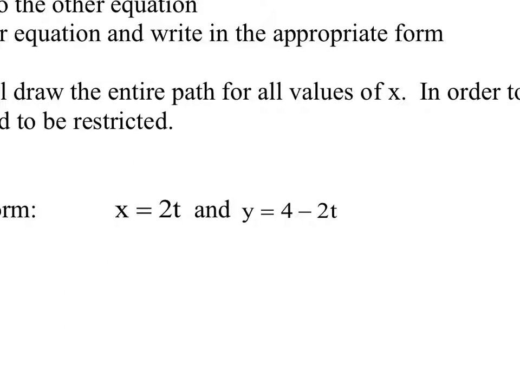There's a few ways you could tackle this one, but right off the bat, I see that I have this equality: 2t and x are the same thing. Well, here's a 2t. I could replace that with an x.